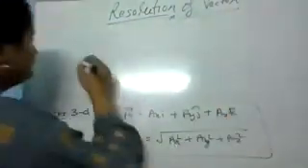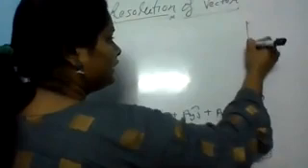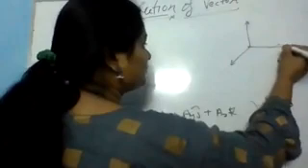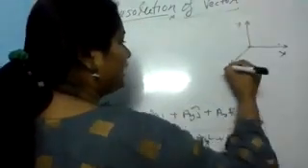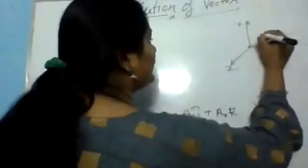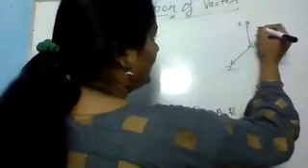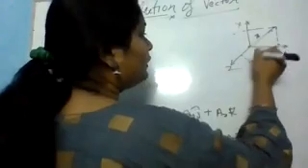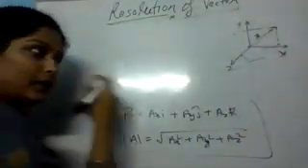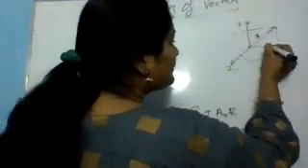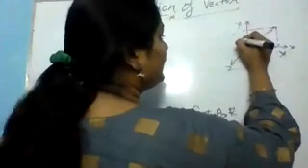See, if you have 3D, X, Y, and Z, and this is your A vector. When you make it for all the directions, it forms like a cube. Here we have the vector in X direction is AX vector, here AY vector, and here AZ vector.